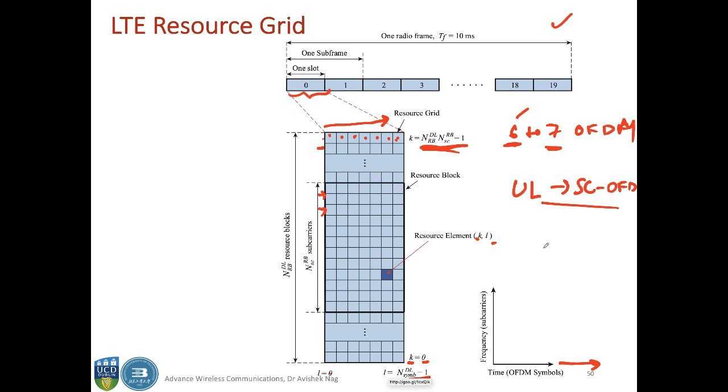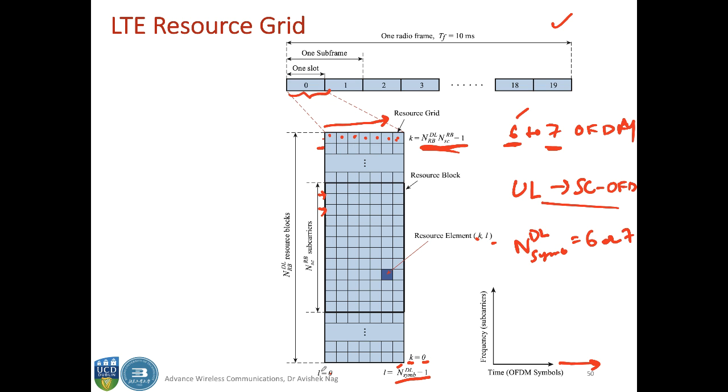Okay, so this number N DL symbol will be either 6 or 7.